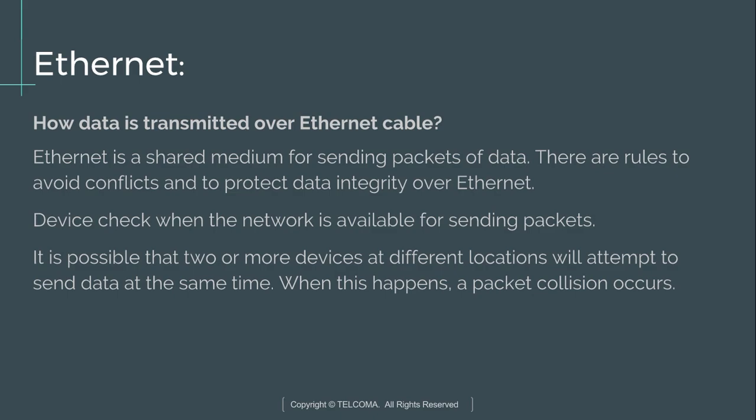Ethernet makes rules to avoid conflicts and to protect data integrity. Devices check when the network is available for sending packets. It is possible that two or more devices at different locations will attempt to send data at the same time. When this happens, a packet collision occurs.